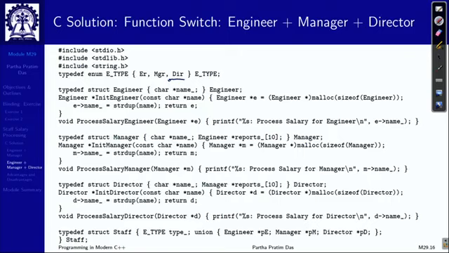So, I introduce DIR here. My engineer does not change, my manager does not change, but I will have the director created in the same way, defined in the same way with the structure, with the manager reporting, with the director initialization and the process salary director, a new function.